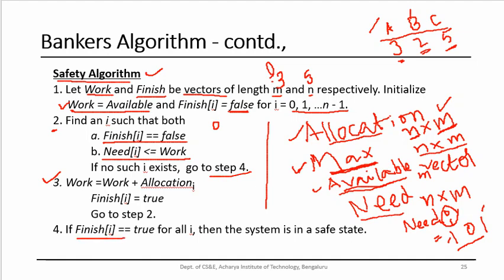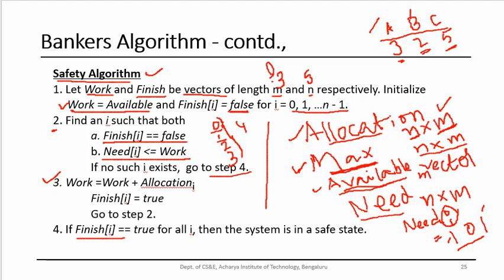Okay, step 4. After completing searching all the processes, you find that need of 0 is greater than work, need of 1 is greater than work, and so on, which means all of these processes need some resources which are not available.